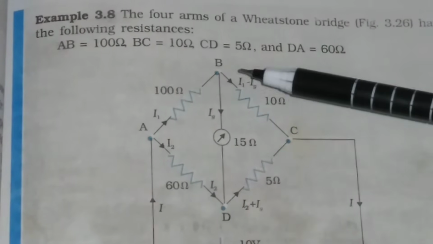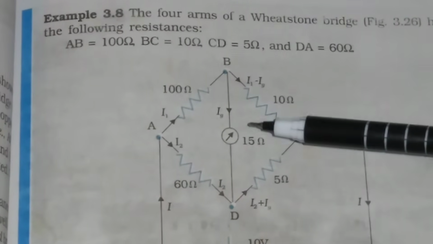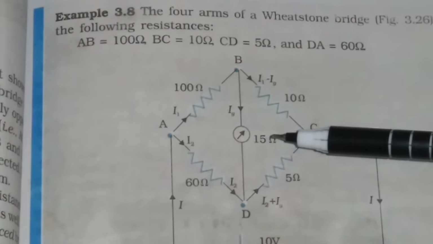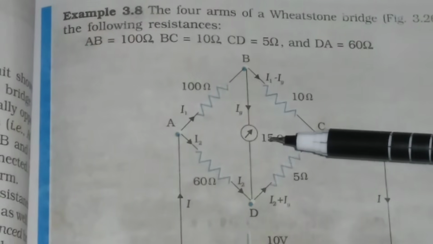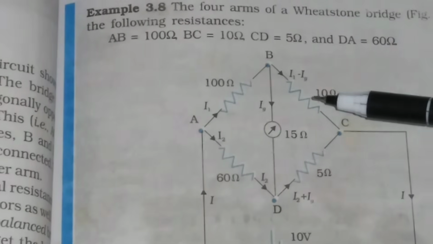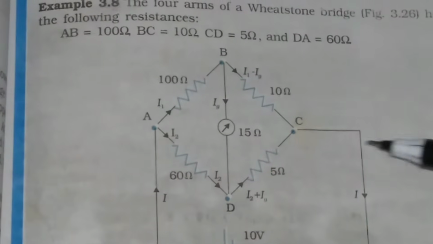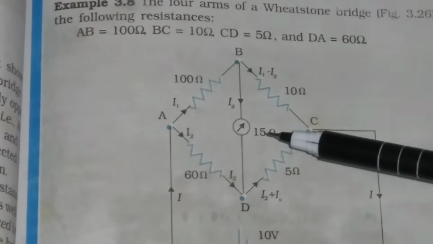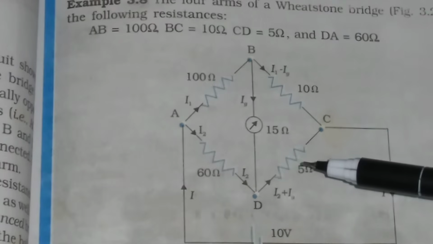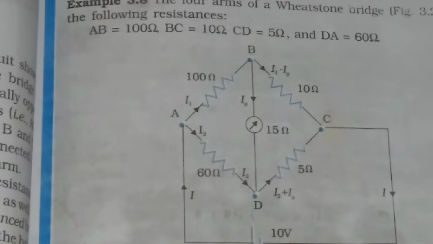And for the closed loop BCDB, considering the anticlockwise notation, you can write the KVL equation: 10 into I1 minus Ig for this resistor, and then minus 15 Ig for the galvanometer, and for this resistor minus 5 into I2 plus Ig, that will be equal to 0.